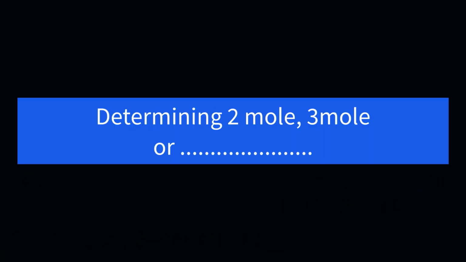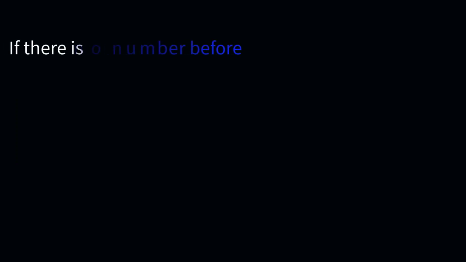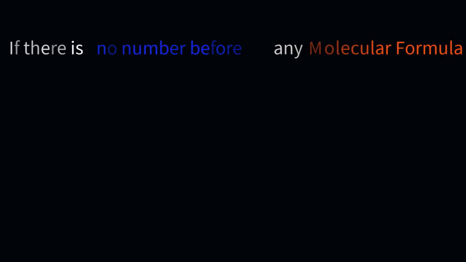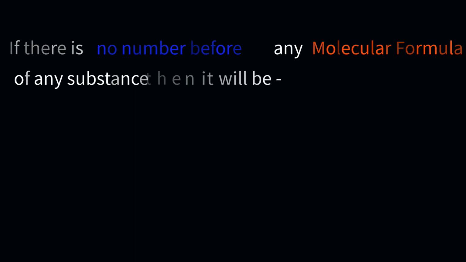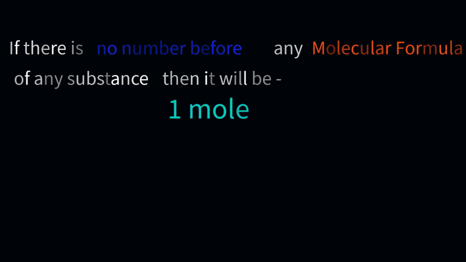Since we have already learned how to determine 1 mole of any substance, we can also determine 2 moles, 3 moles or whatever moles of any substance. If there is no number before any molecular formula of any substance, then it will be 1 mole.